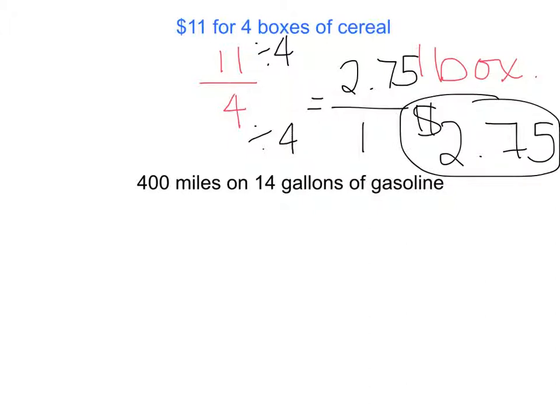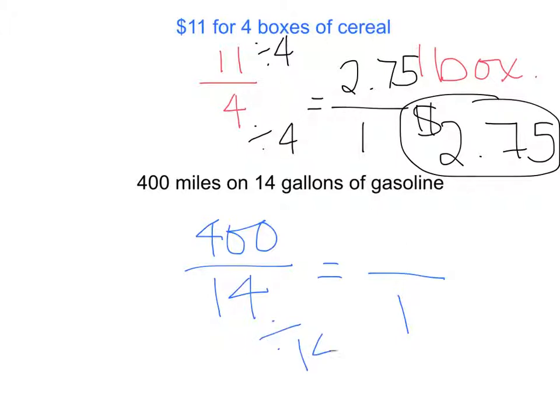The next example says 400 miles on 14 gallons of gas. Well, if you're traveling and your car tells you that you only have 1 gallon of gas left, you have to figure out how many miles you can drive before you get to the next gas station. So to do that, you would divide your numerator and your denominator by 14.